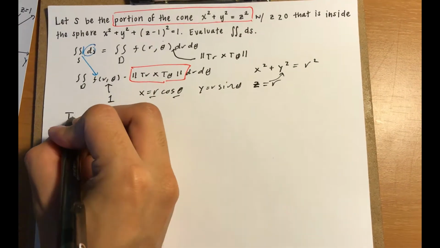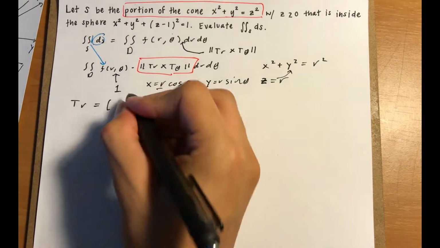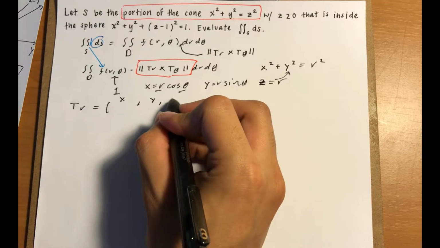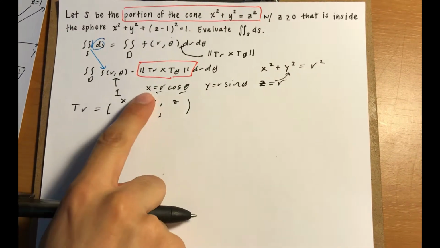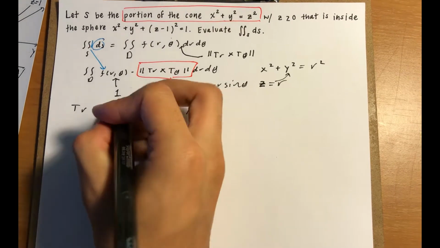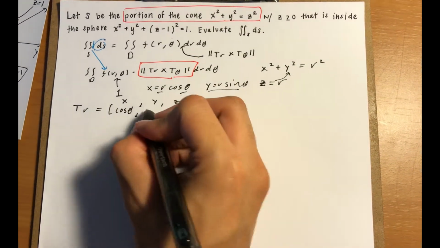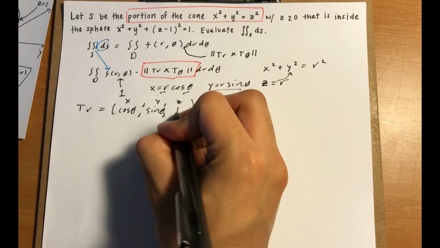Now we need to find tangent vector r, with its x component, y component, and z component. Partial x with respect to r is cosine theta. Partial y with respect to r is sine theta. Partial z with respect to r is 1.